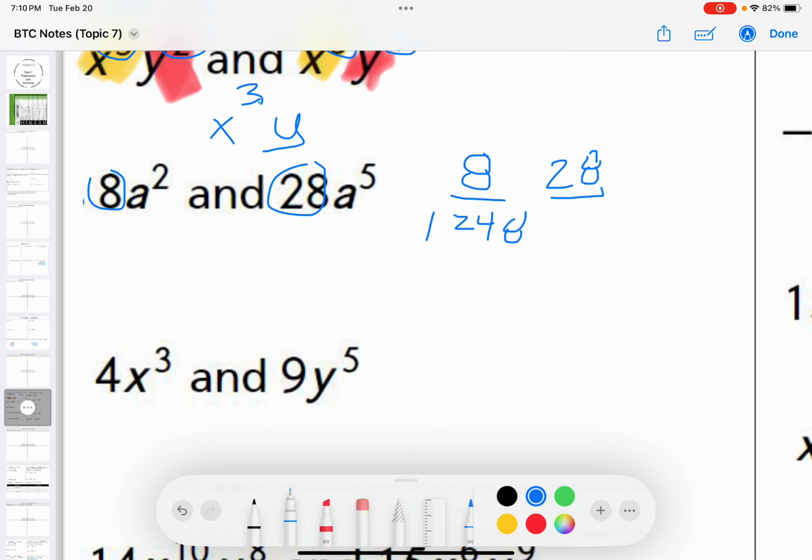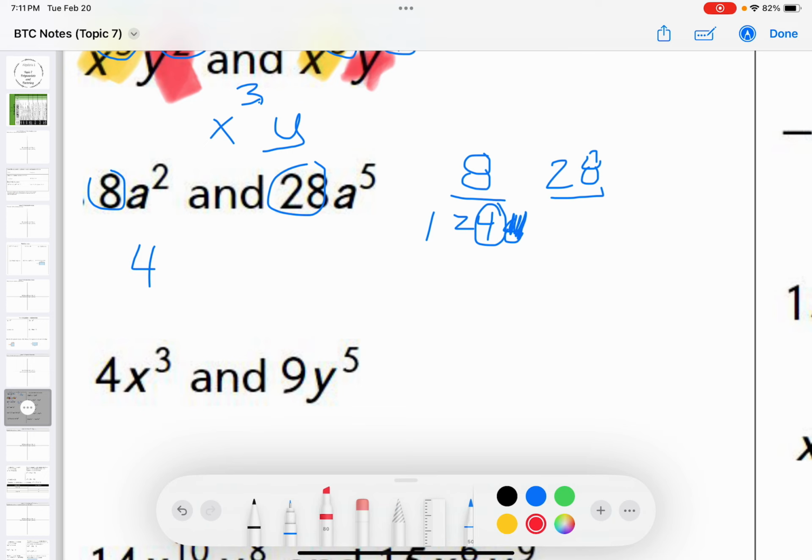Now we have to decide which of those numbers goes into our 28. So 8 goes into 28 not evenly, so it's not 8. But 4 goes into 28. So 4 is a common factor and the greatest common factor.